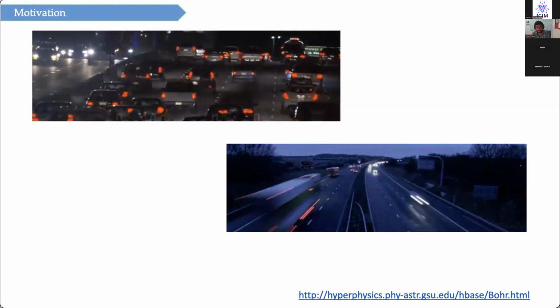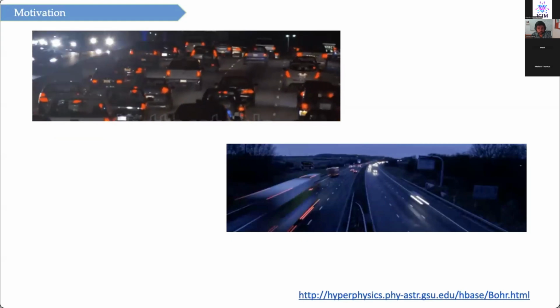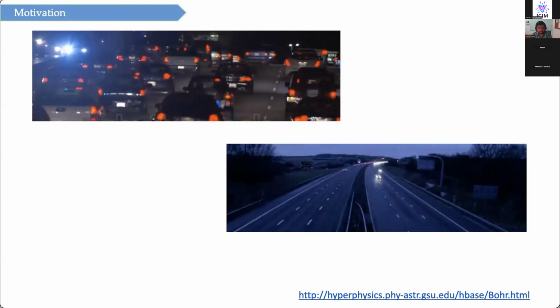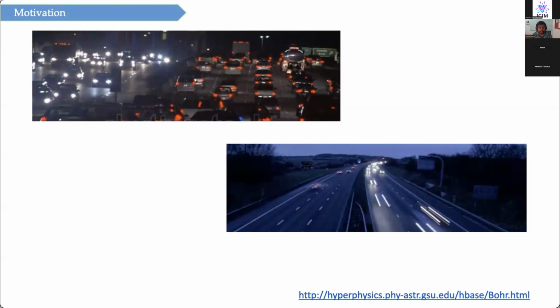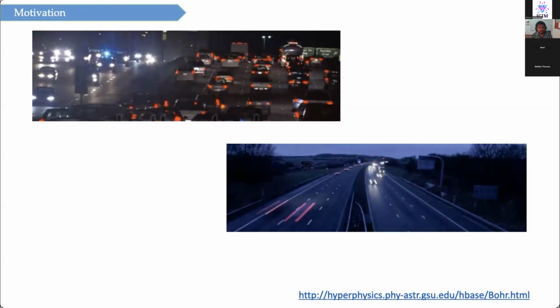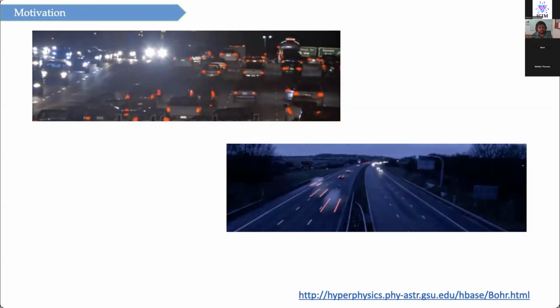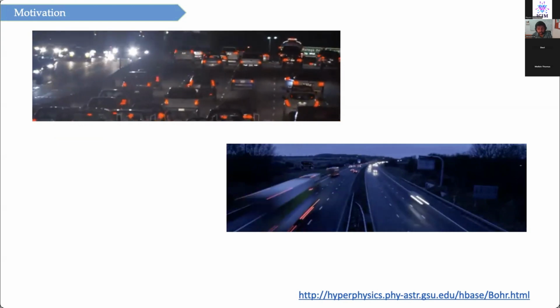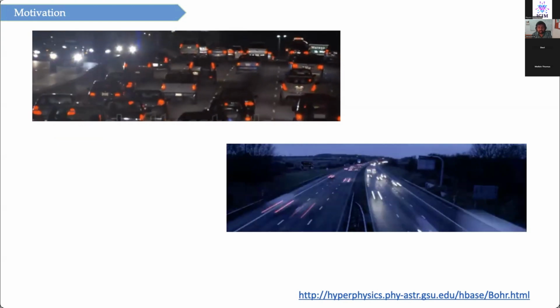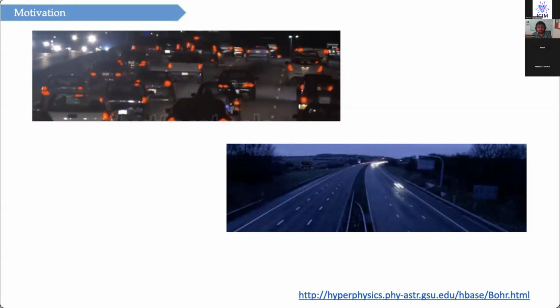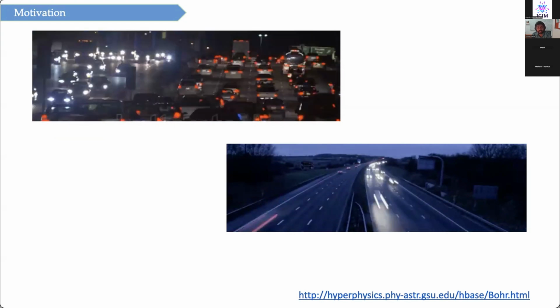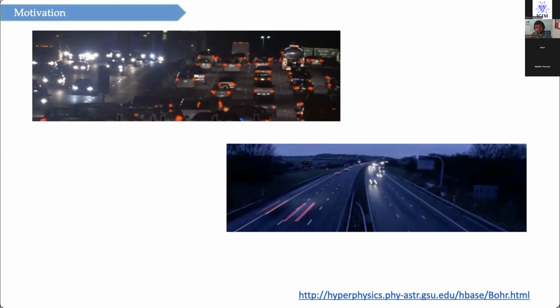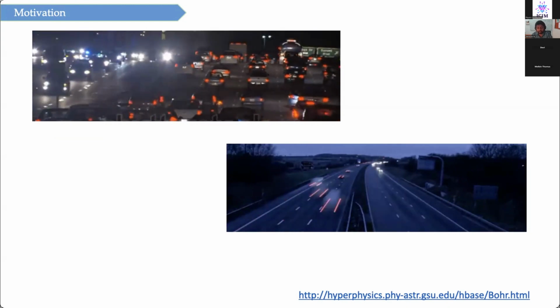For us, as physicists or scientists, the difference between these two is the technological limitation of the camera. The first one, we have a very good camera to capture information, and on the right side, if we had a very good camera, like a faster camera, we could actually get the information of the speeding vehicle rather than a streak of light which is flying.